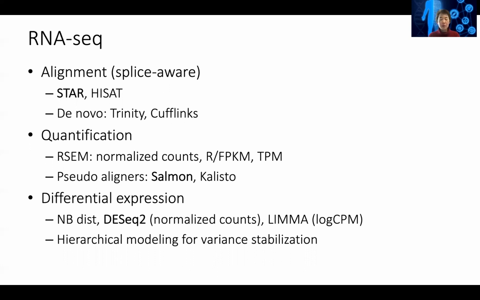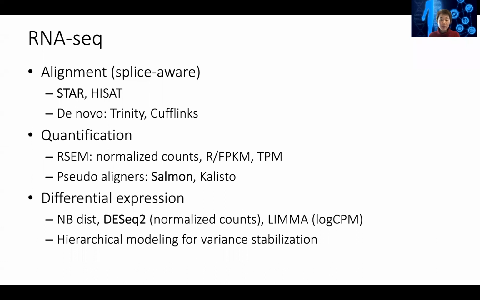In addition, both DE-seq and EdgeR or limma-voom use ways to reduce the total number of genes that you need to evaluate for differential expression, to reduce the multiple hypothesis testing.